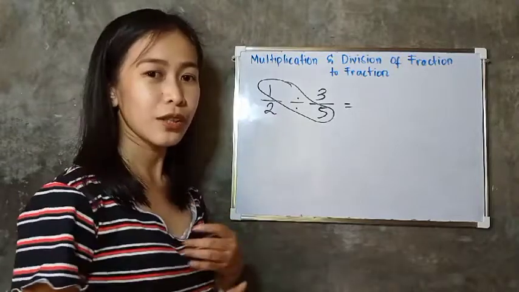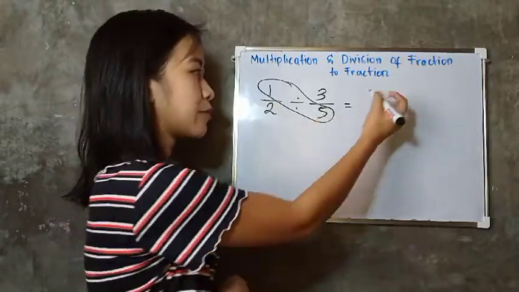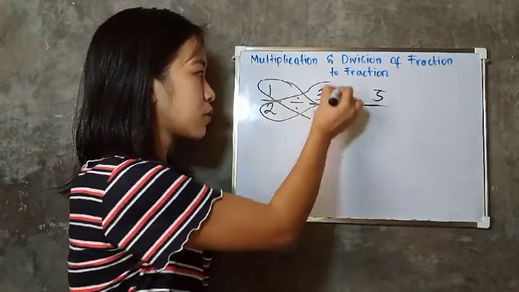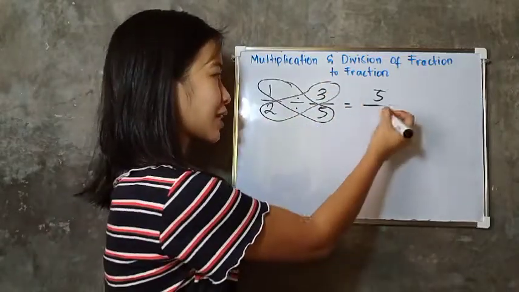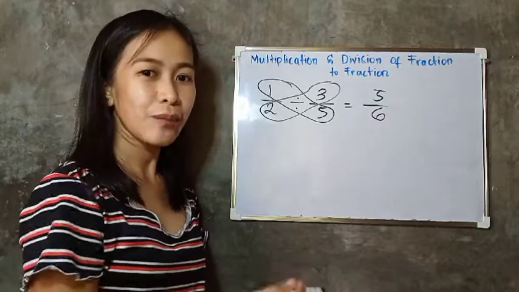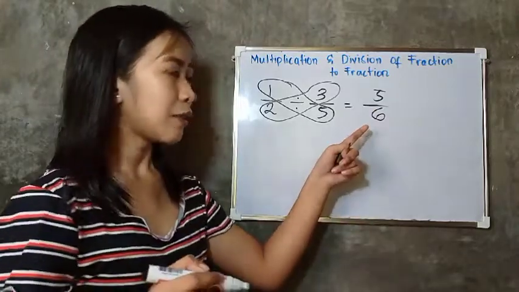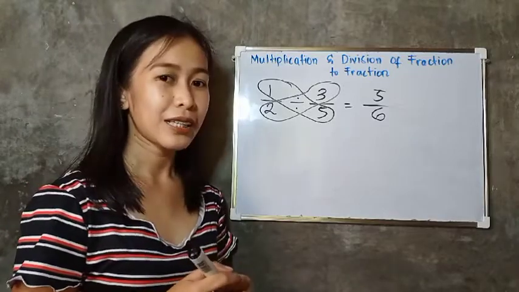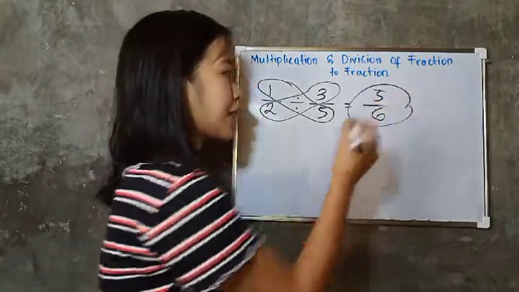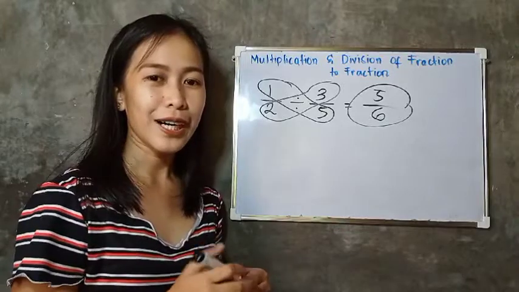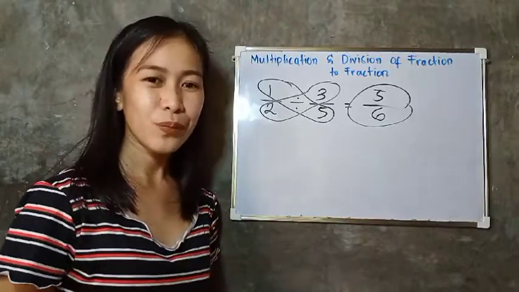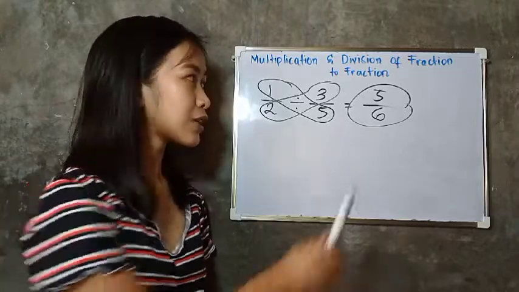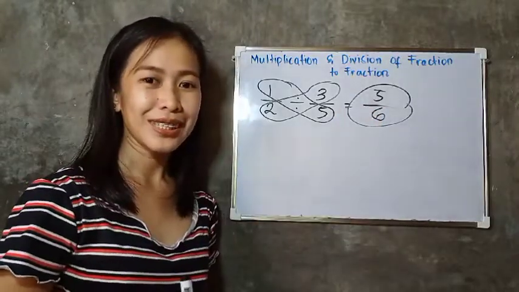Hindi na siya division, okay? 1 times 5 is 5 over 2 times 3 is 6, okay? 5 over 6. And, tingnan nyo kung kaya pa siyang i-simplify. Hindi na kaya, no? So, yan na yung ating final answer. 5 over 6. Ganun lang kasimple ang pag-multiply and divide ng fraction to fraction.